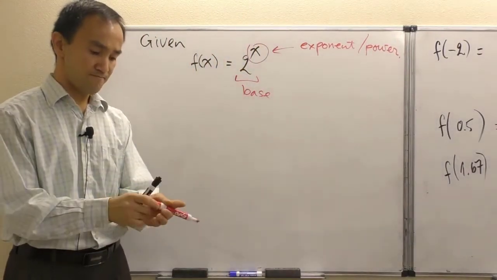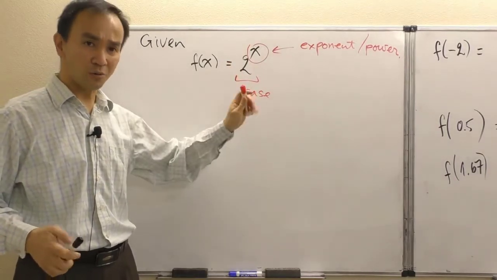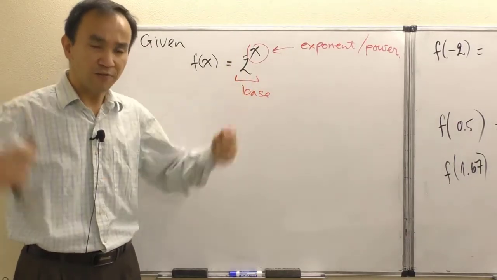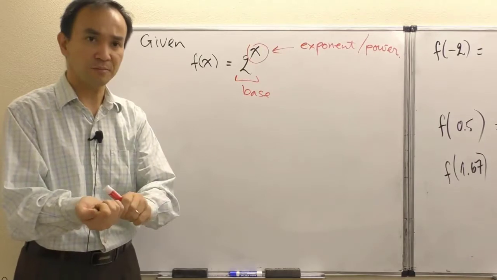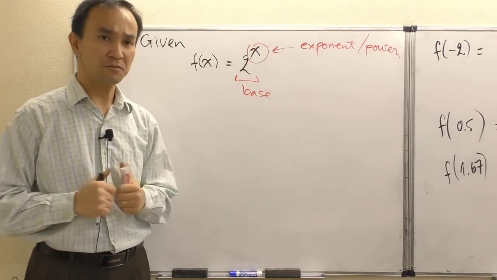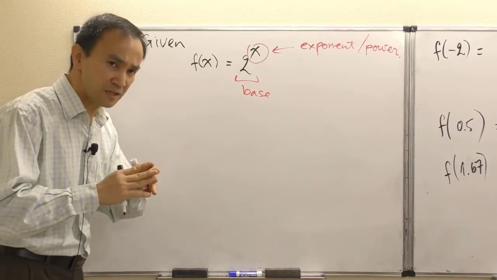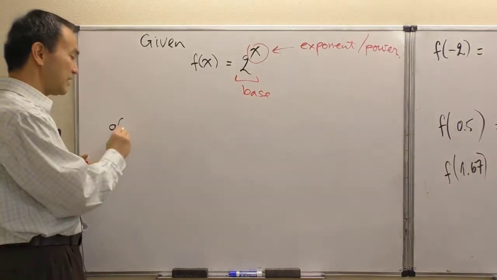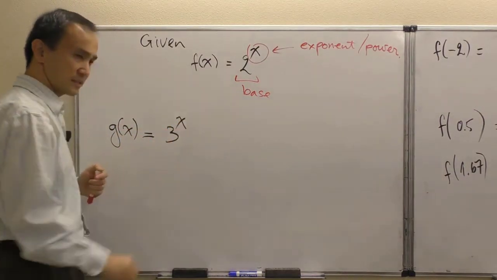So now the question is, is this the only function where you see a given base raised to a power that is the input of the function? No, it's not. Anyone learning this lesson should be mature enough to understand that some other time, we can have a function given as 3 to the x.